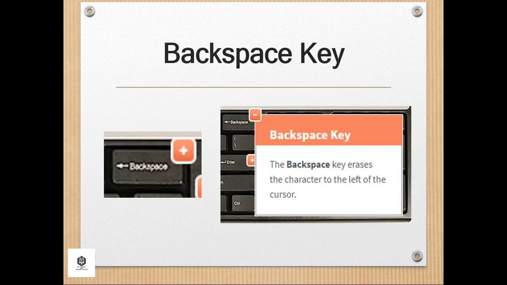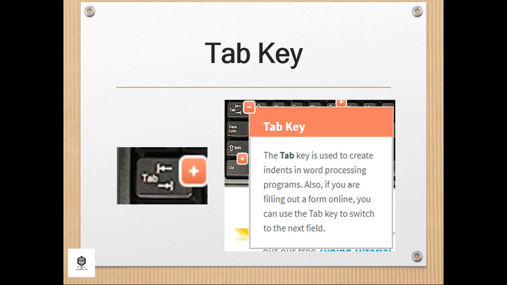Backspace key. The backspace key erases the character to the left of the cursor. Tab key. The tab key is used to create indents in word processing programs. Also, if you are filling out a form online, you can use the tab key to switch to the next field.